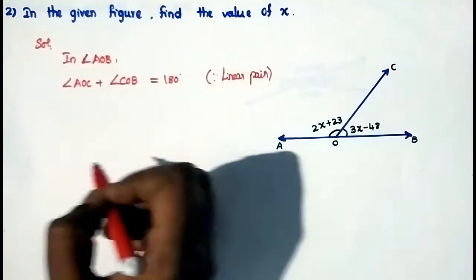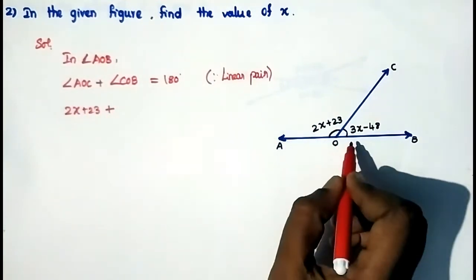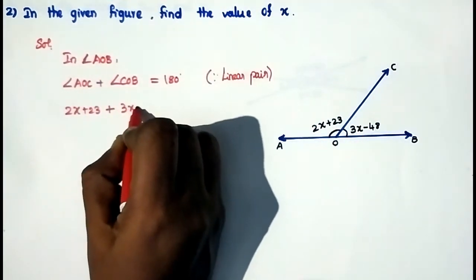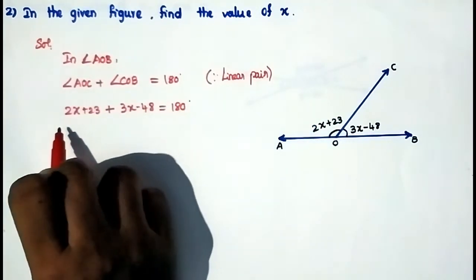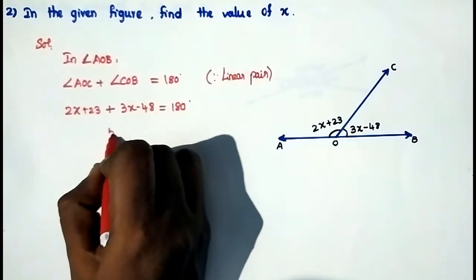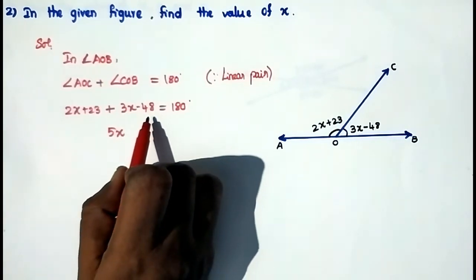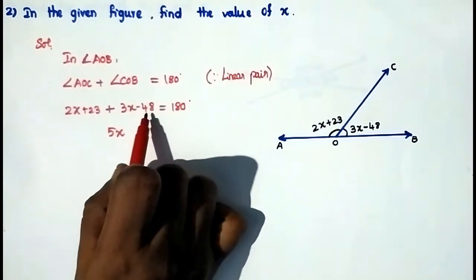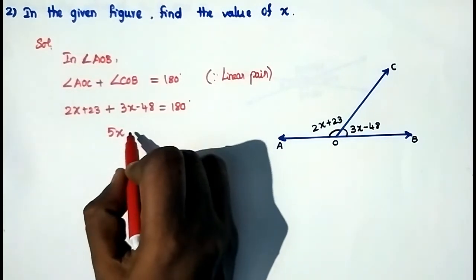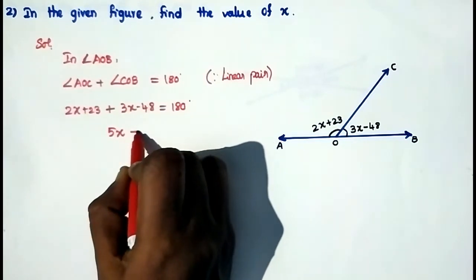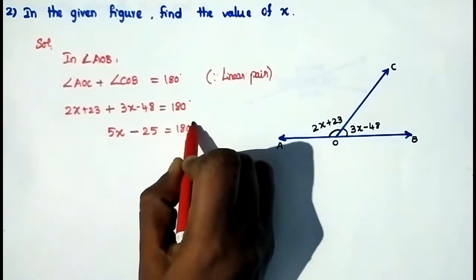Angle AOC is 2x plus 23 plus angle COB is 3x minus 48 equal to 180 degree. 2x plus 3x 5x, plus 23 minus 48, that is different sign, so subtraction. 48 minus 23, that is 25. 48 is the biggest number, that sign is minus. So 5x minus 25 equal to 180.